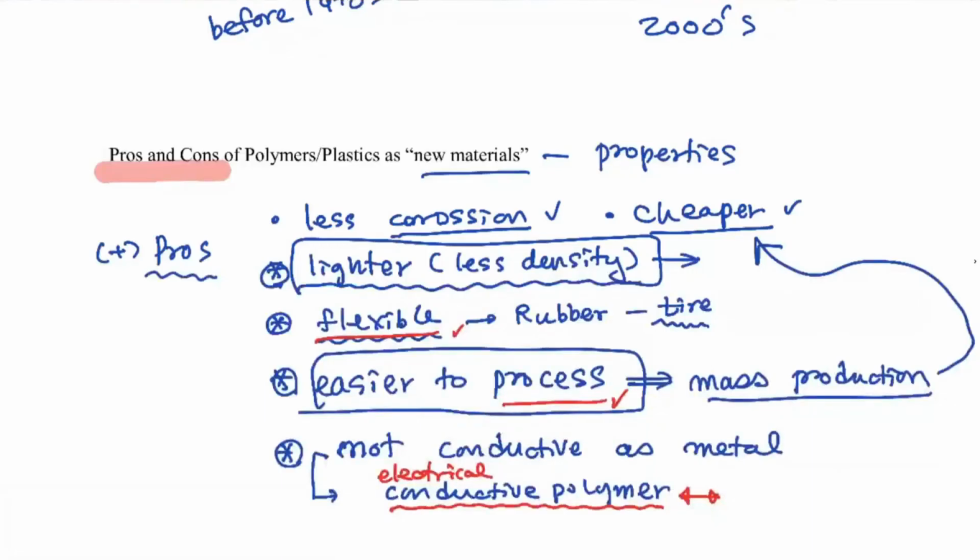Everything together comes to one word: flexible electronics. Right? So there are people pushing this idea to make these polymers easy to use.